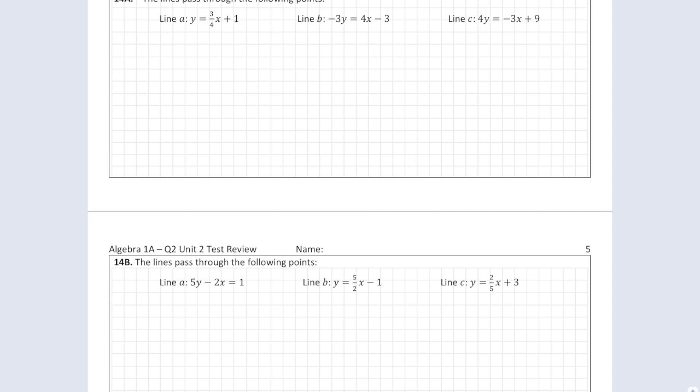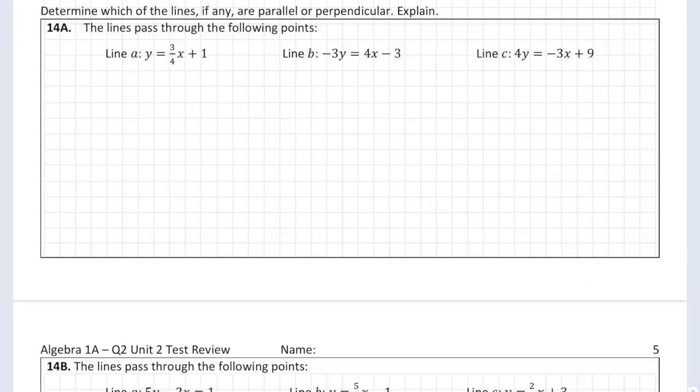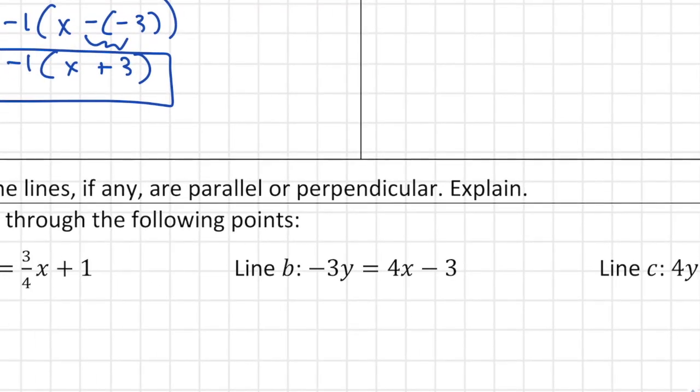14a. Determine which of the lines, if any, are parallel or perpendicular and explain. Now, quick review. If two lines are parallel, they have the same slope. And then we could get lines that have the same slope and even the same y-intercept, and really those lines actually overlap each other.